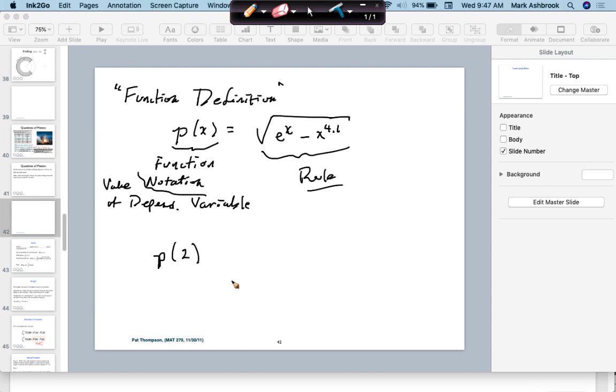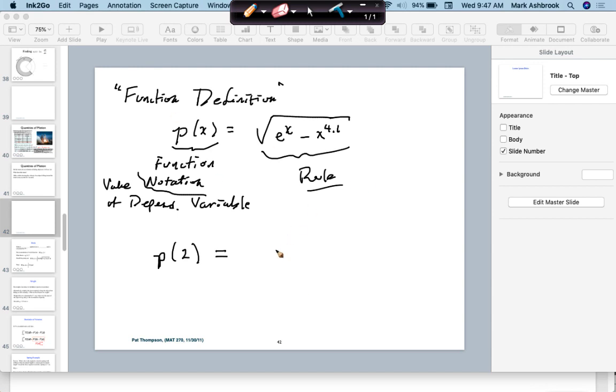And so we can use that. If you put that into the GC, and p is defined well, it spits out the value. It tells you, oh, hey, I know what that is, and tells you what it's equal to. But we could also write, what is p of 2 equal to? We know what it equals because we have the function definition.